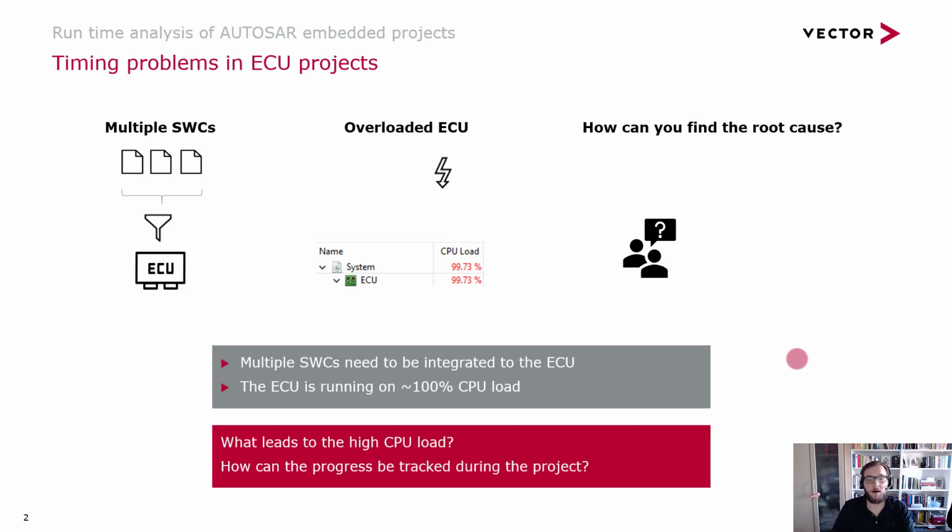So we want to find out what leads to this high CPU load, and at the same time, of course, we want to make sure that the CPU load and also other timing related requirements, like for example, the activation of tasks, are as we expected and that the tasks keep their deadlines, as well as event chains.